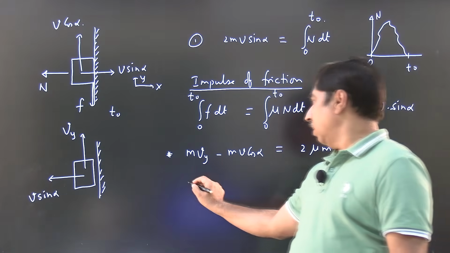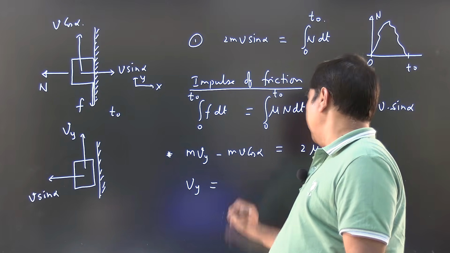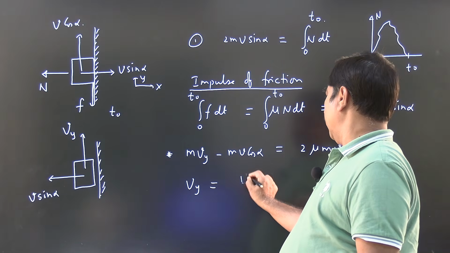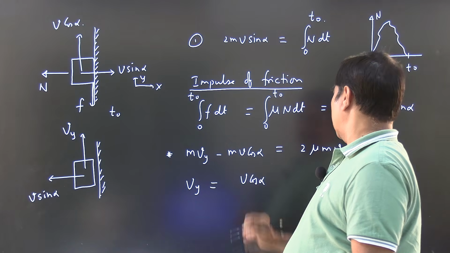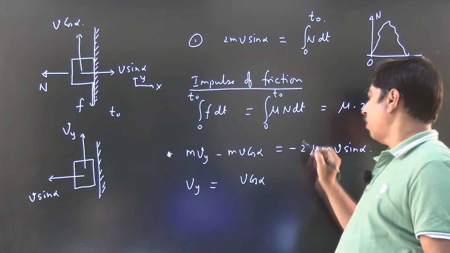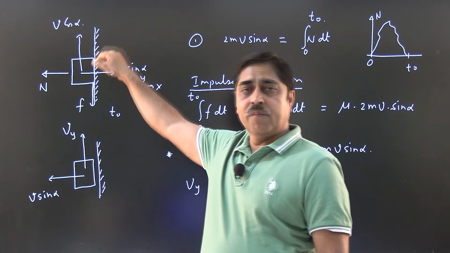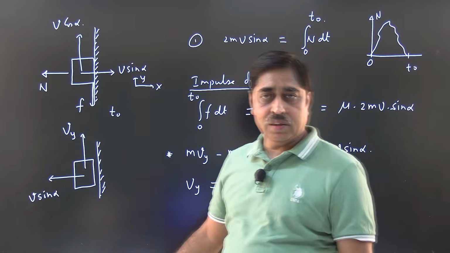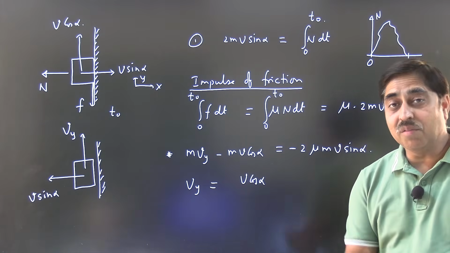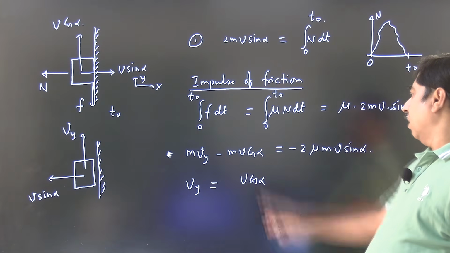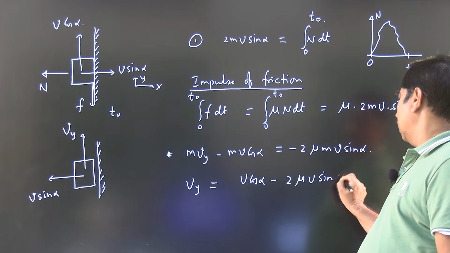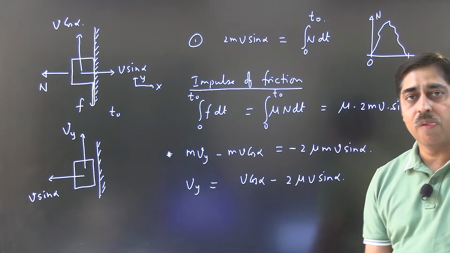So, Vy will be equal to V cos alpha. I am so sorry, I have to write this with a negative sign, isn't it? This is positive direction and the friction impulse is in negative y direction. So, it will cause decrease in velocity, not increase. So, V cos alpha minus 2 mu V sin alpha, this is Vy.